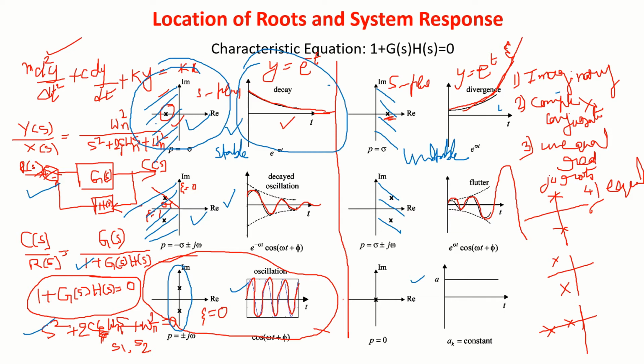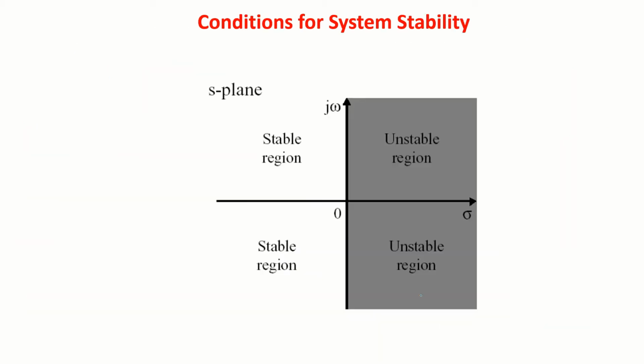If the roots are located on the left hand side of the S plane, the transient response will die down. Then such systems will become stable systems. If the roots are on the right hand side, the transient response is building up, then such a system will become unstable. Depending on the amplitude here, we can consider it as a marginally stable or limitedly stable system. Now let us define like this.